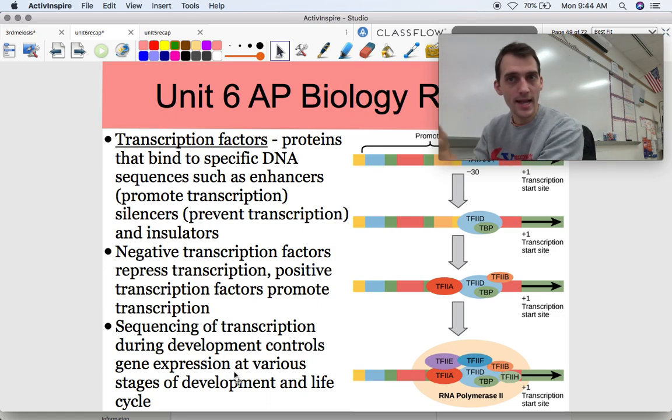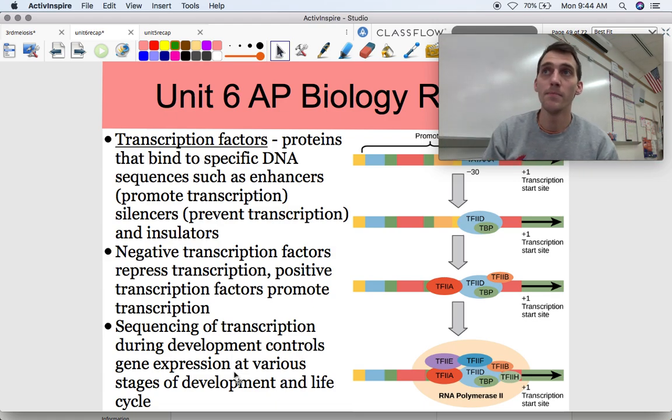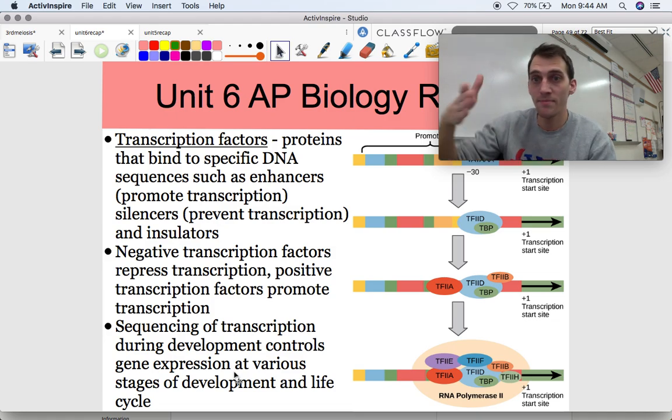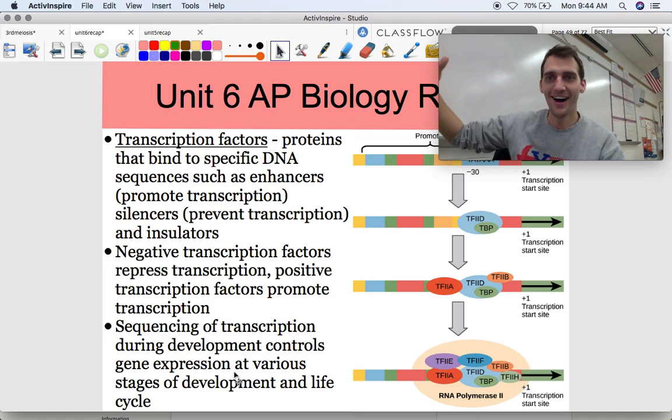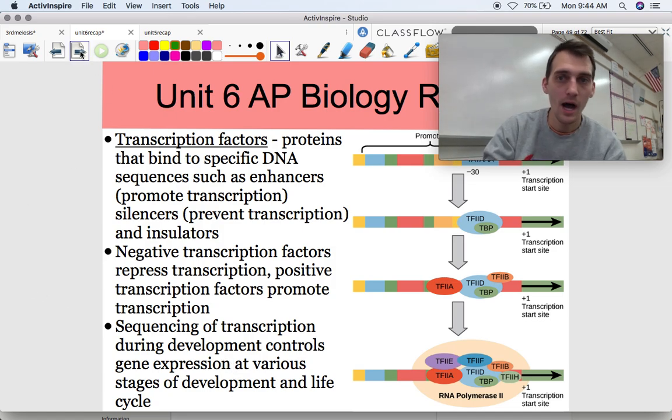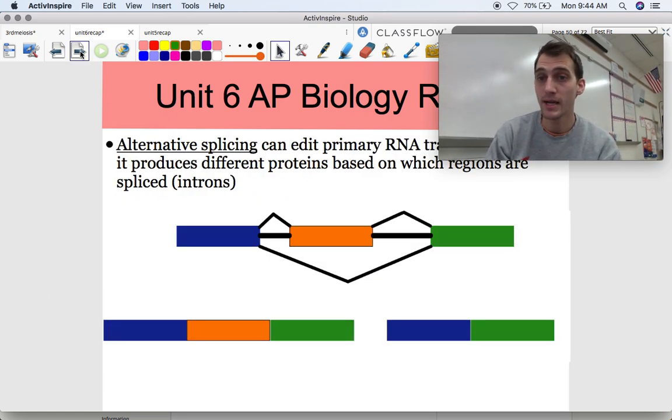You express this gene now and you stop expressing this other gene, right? So for example, you're going to make different hormones, right? You're going to make different hormone receptors as you grow up to be a teenager. And you're going to make different proteins as an adult than you did as a child. And transcription factors are largely responsible for that.